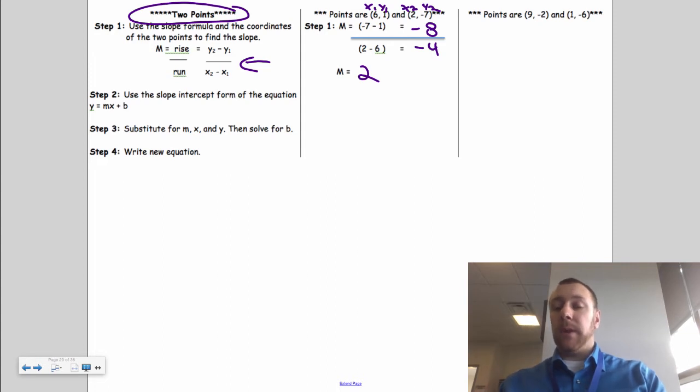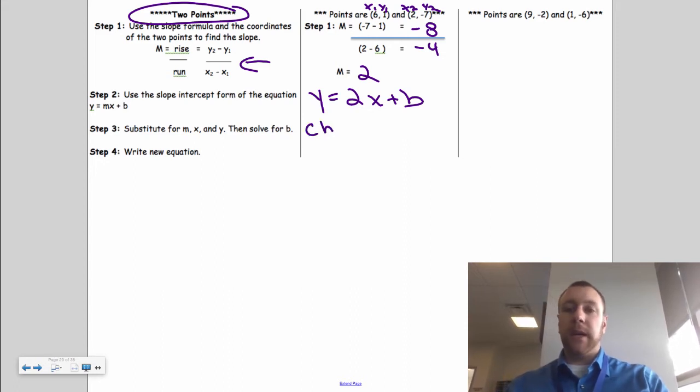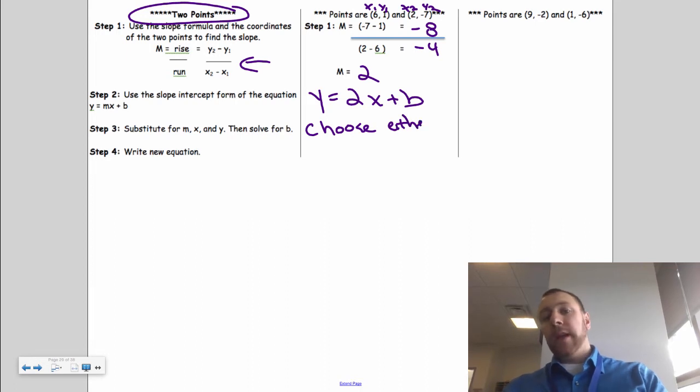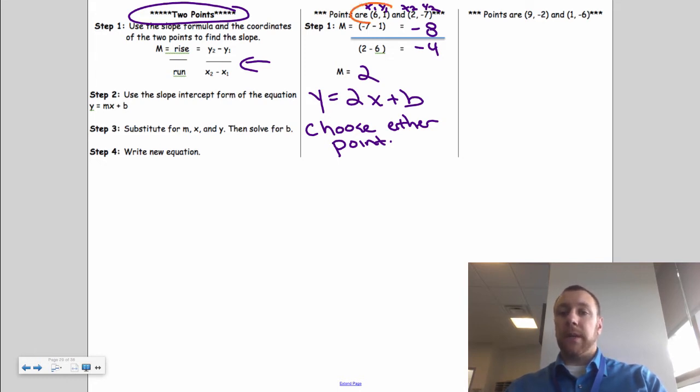Now I plug that in for my m, and I choose a point. It doesn't matter which point I choose, I just choose a point. And I choose the one that has the least negatives. So the fact that 6, 1 is all positive, I'm going to plug that one in.